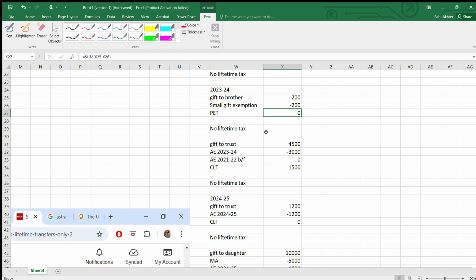Now the next is gift to sister. Gift to sister is 1800, which will be covered by the annual exempt amount. So this is PET.